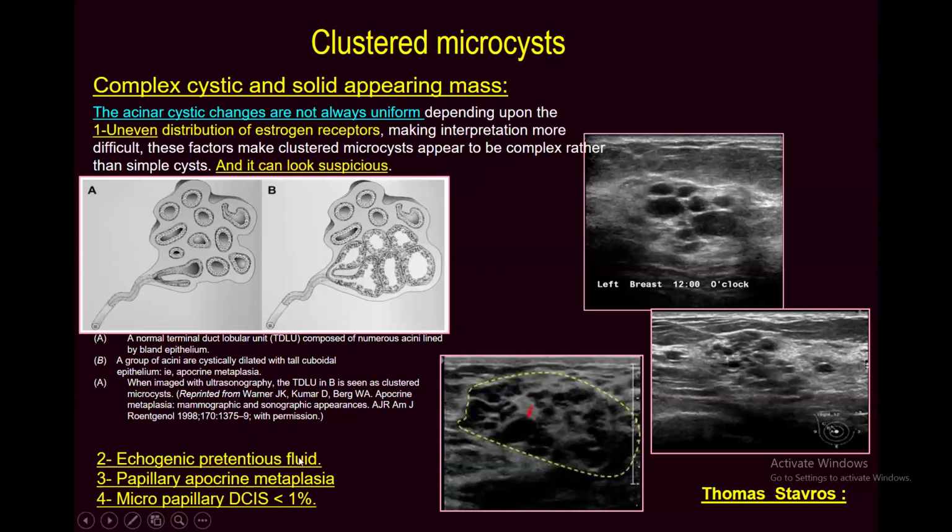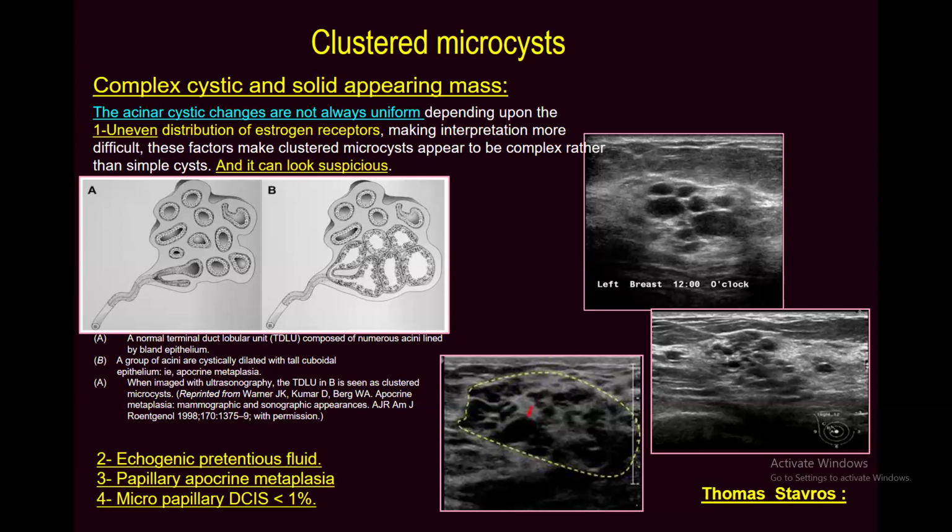Okay. There are other reasons that make it more challenging. If there are internal echoes, fluid within these cysts, either proteinaceous fluid or fat or debris or whatever, this is one issue.